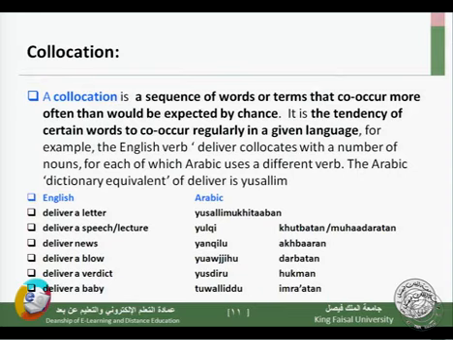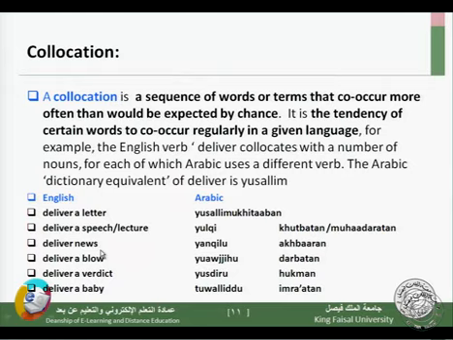Now, deliver a letter. What we say in Arabic, يسلم خطابا. Imagine, the word deliver in Arabic means يسلم. Now, in English, deliver a letter, يسلم خطابا. Deliver a speech or a lecture, يلقي خطابا أو محاضرة.